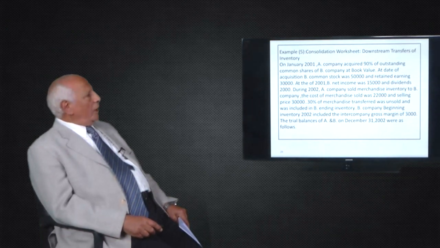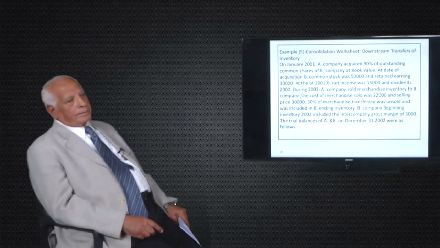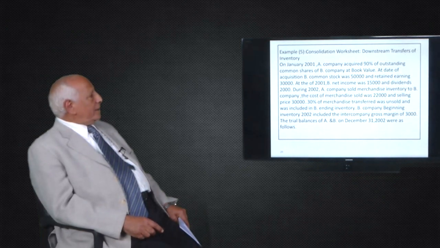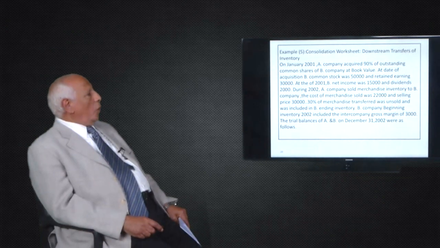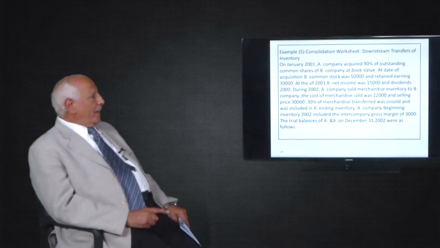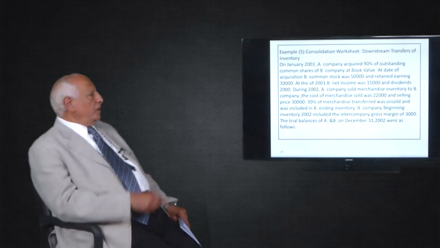January 1st, 2001, A company acquired 90% of outstanding common stock of B company at book value. At the date of acquisition, B company stock was 50,000 and the retained earnings was 30,000. In 2001, B net income was 15,000 and dividend was 2,000. During 2002, A company sold merchandise. A is the seller now, the parent is the seller, that's why we call it downstream.